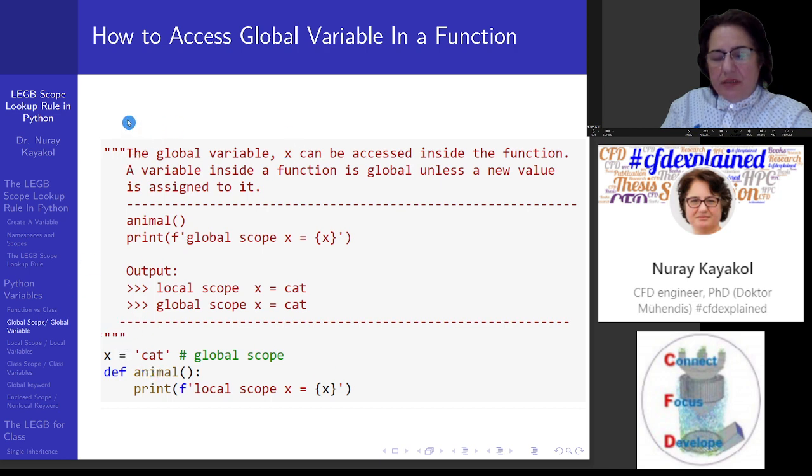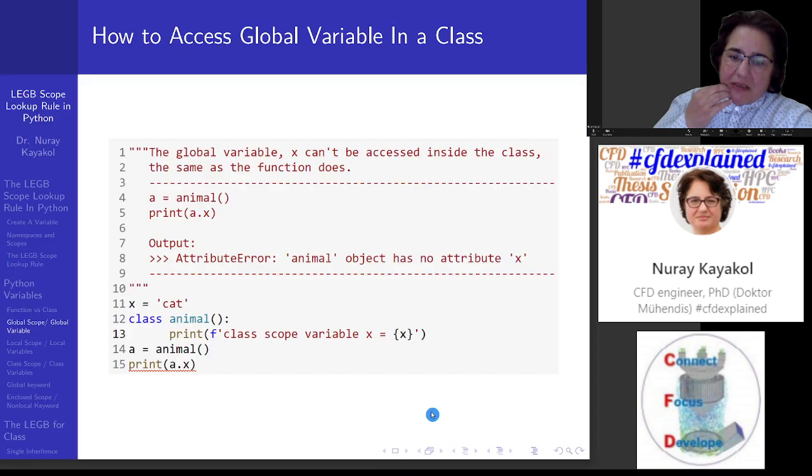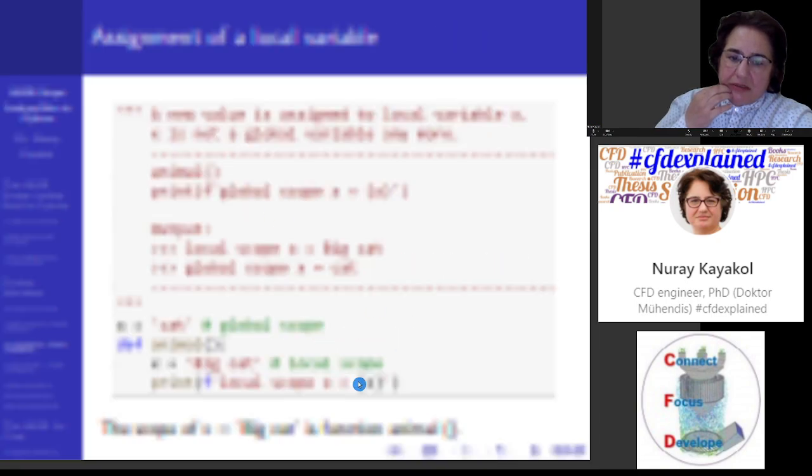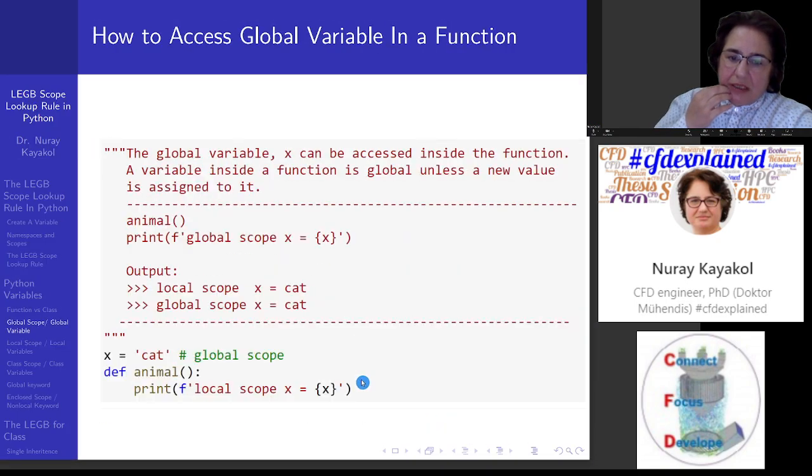Outside of this nomenclature section, this is the piece of code. I want to explain this feature because later on you will see a similar format, so you need to get familiar with how I defined it. You see x is defined as cat, this is the global scope, and a function animal.